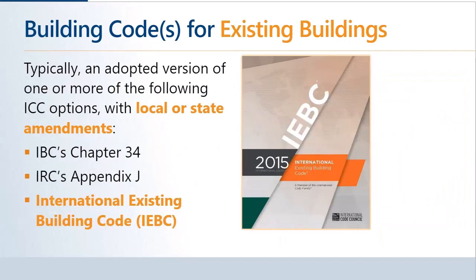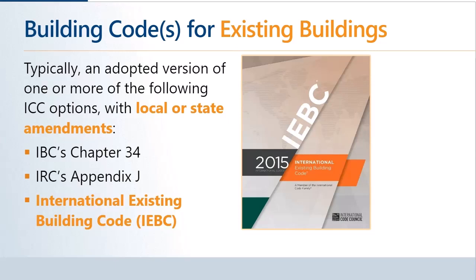So when we talk about building codes for existing buildings, depending on where we are in the United States, it is also usually a book from the International Code Council, such as the International Existing Building Code, 2015 shown. Michigan is on that version. And each jurisdiction, whether at the local or state level, does make individual amendments to it. We're going to focus on the IEBC as part of this program.